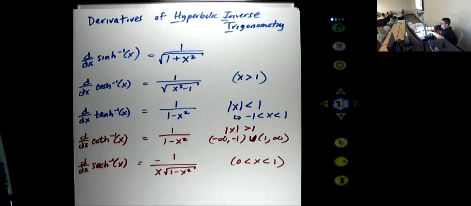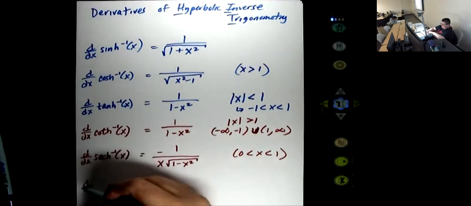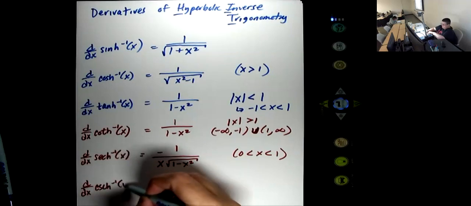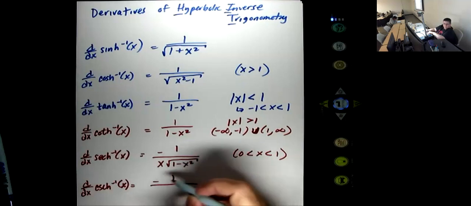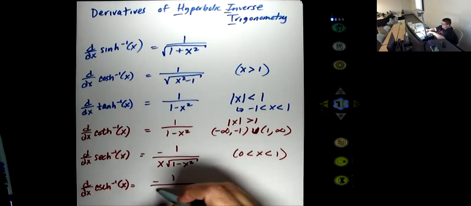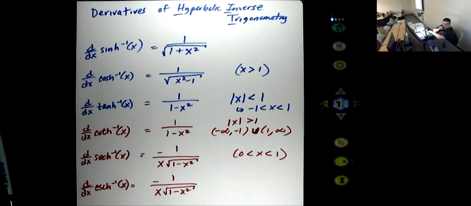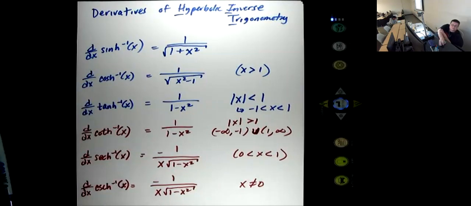These are all just the domain restrictions we talked about on the other page on the right side. And the derivative of hyperbolic cosecant inverse, and for that, x cannot equal 0.